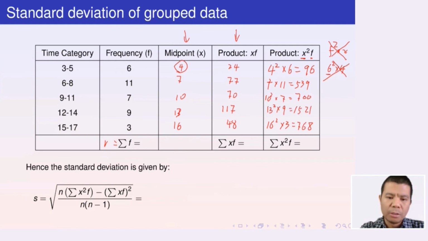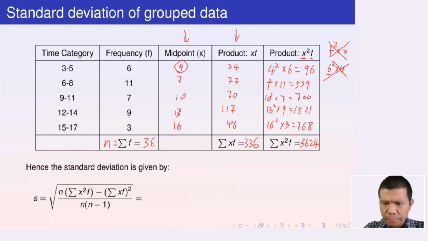This is our total frequency n, which we know is 36. The summation of xf we already calculated is 336. And lastly, the summation of x squared f is 96 plus 539 plus 700 plus 1521 plus 768, which is 3,624.